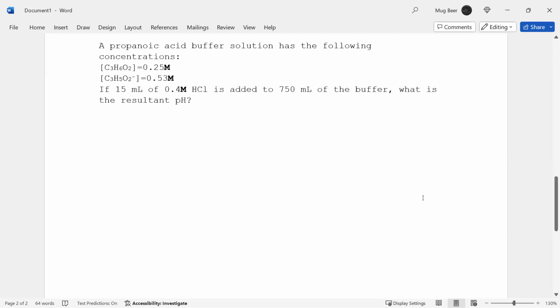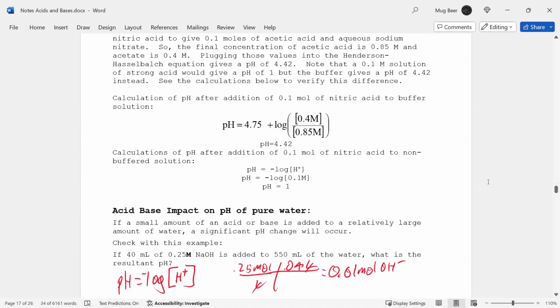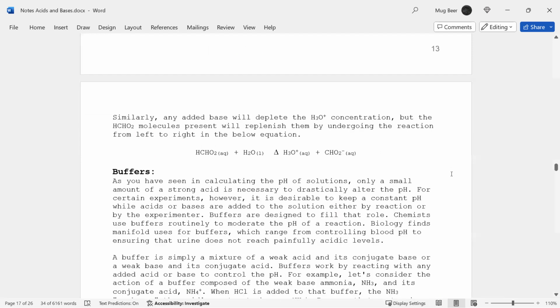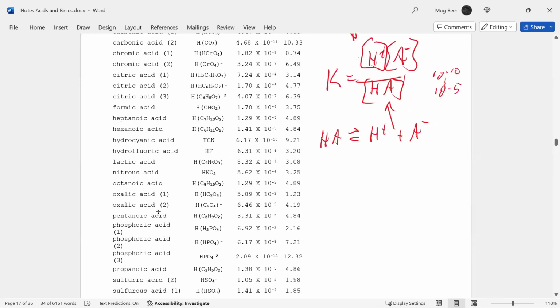We got a before and after value. How about a before value? Oh yeah, absolutely, because it's propionic acid. So the value is 4.86.